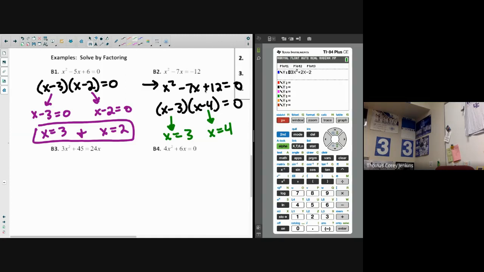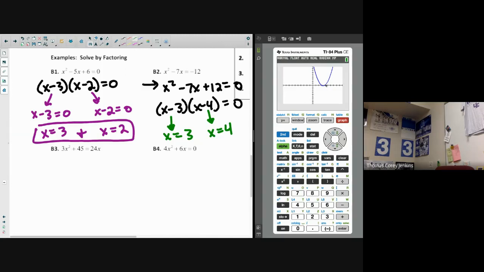Maybe I graph this on my graphing calculator real quick and just see if I have x-intercepts at 3 and 4. So let's do that real quick. X squared minus 7x plus 12. Remember, you want your standard form version. Look at the graph and see if it matches up. All right, and it looks like it does. It crosses at 3, 0, crosses at 4, 0.